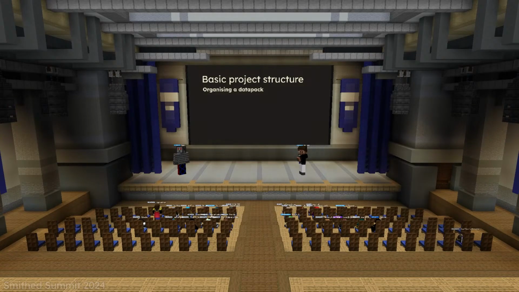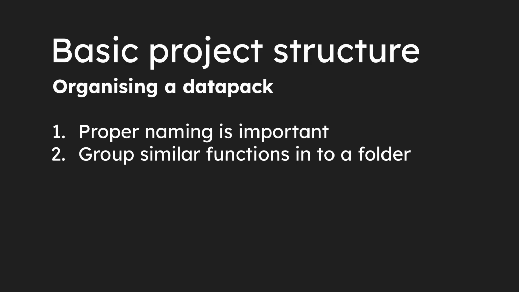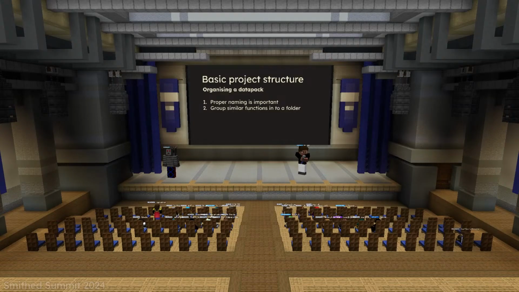And the answer really is to have a good folder structure and organization of your project, right? So to have a good organization of your data pack project, you need to have proper naming for all your functions. Now, this is fairly standard. This is consistent across every language. You want to have good names to represent your functions, right? As well, it's important to group similar functions together into a folder. This makes it a lot easier to find these functions.